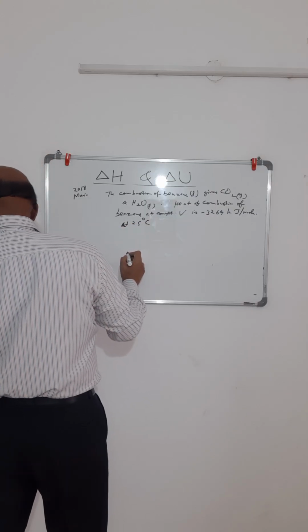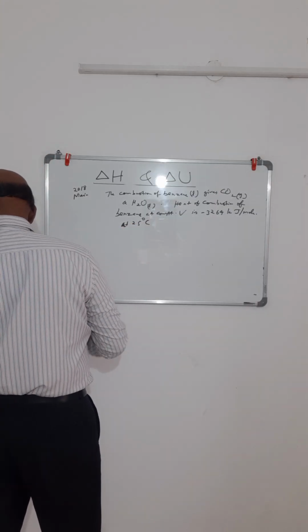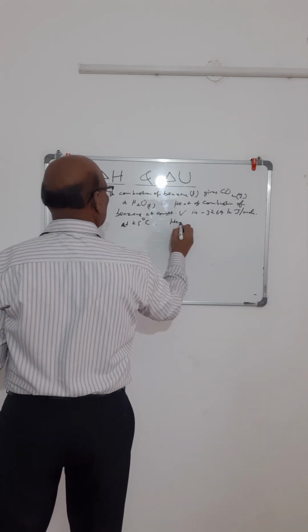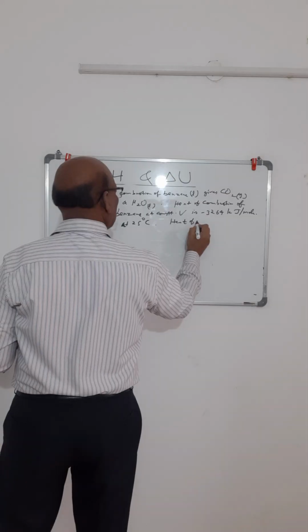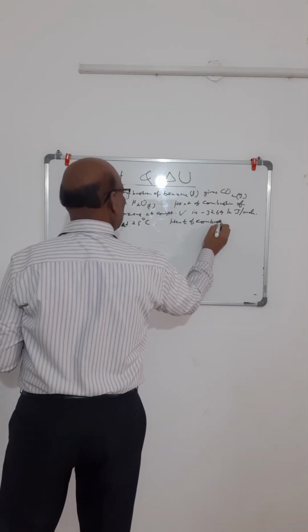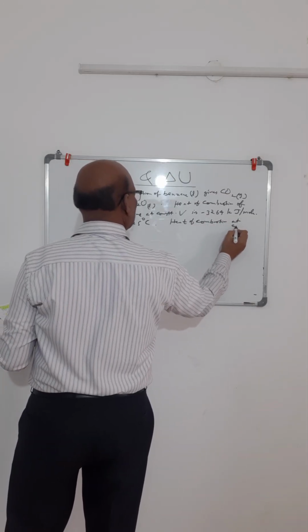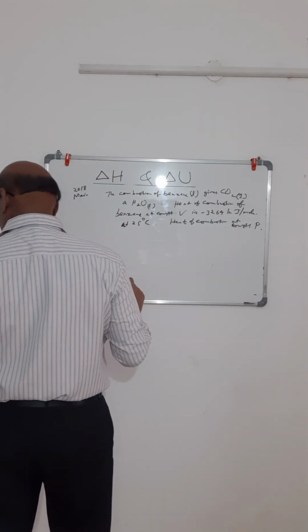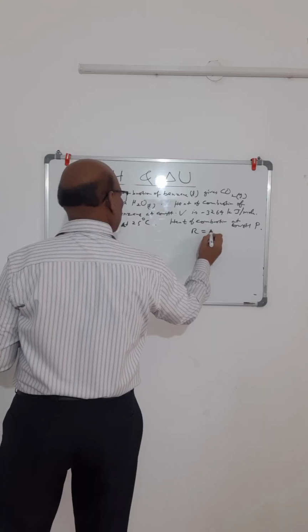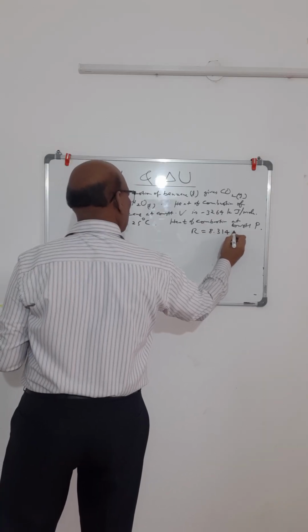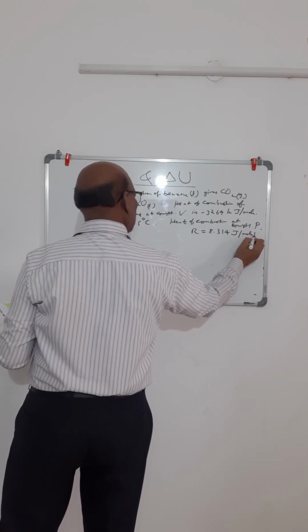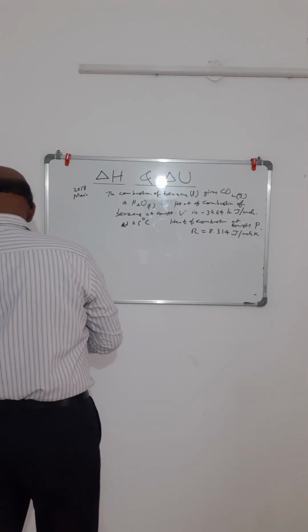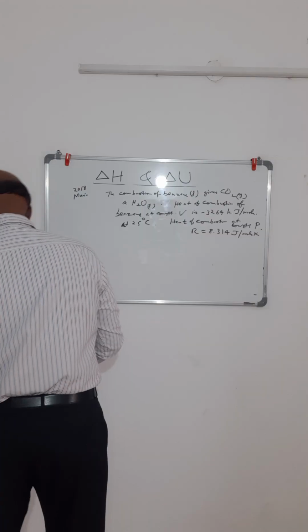And the heat of combustion of benzene at constant pressure is what is required, that is to be found out, and R is given as 8.314 joule per mole Kelvin. This value we also remember, and four options are given to us. So we have to find the value.